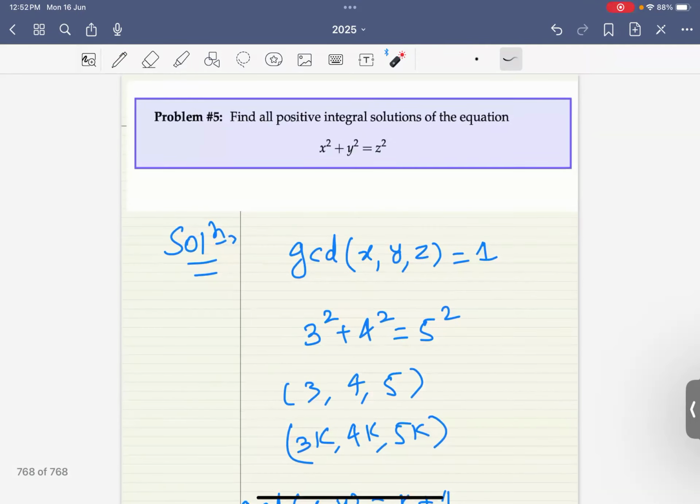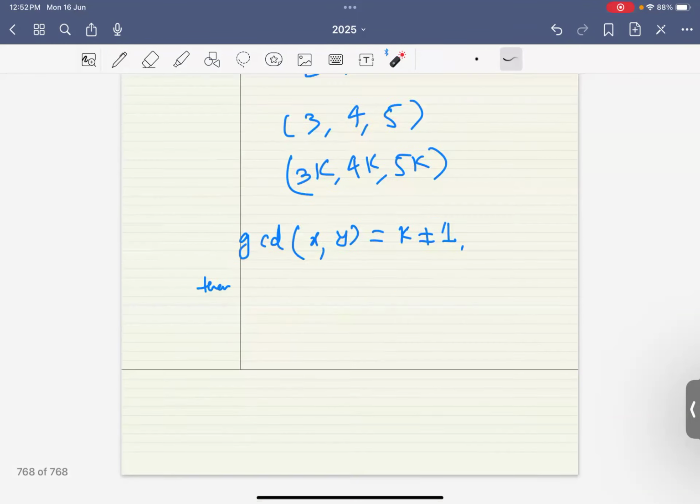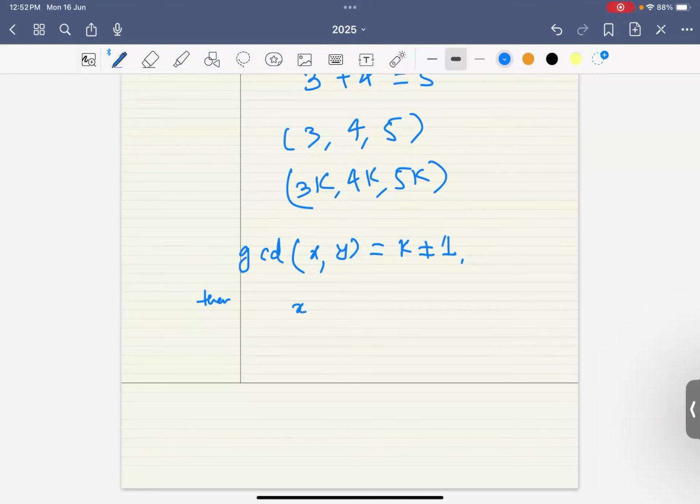Similarly, you can write x squared as z squared minus y squared. And if you say that the GCD of z and y is d, then d squared divides this number, and d squared divides this number, which means that d will divide x.